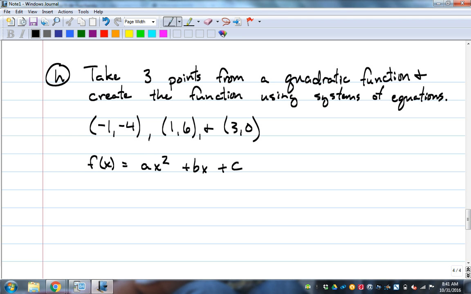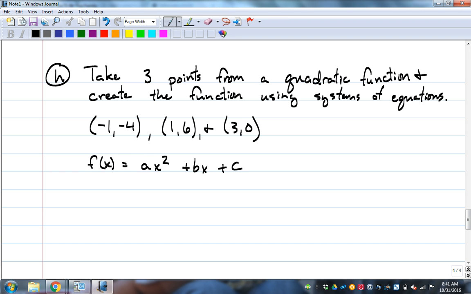Now, f of x is the same thing as what? Y. So what we really have here is an equation that has x's and y's and then variables a, b, and c. We don't know what a, b, and c are for the quadratic.